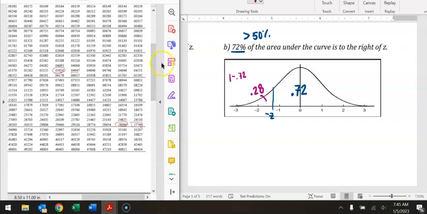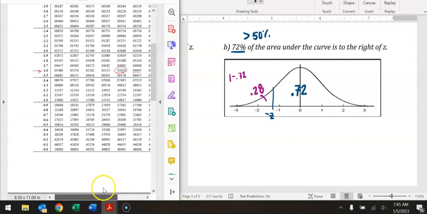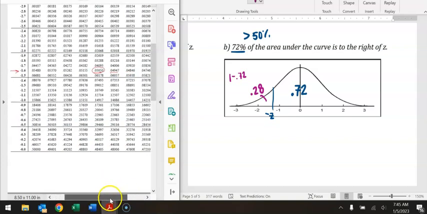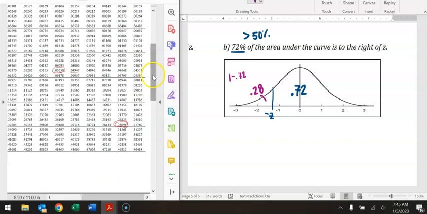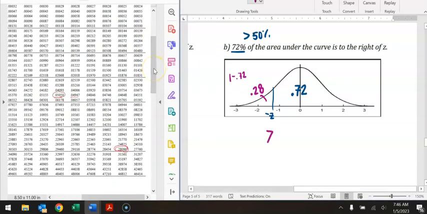Okay, so this first one, if I get rid of that second circle, this one is in fact a little bit closer than the other one, so we're going to go with this number. So what does that correspond to? That's negative 0.5, and then it's in the 0.08 column. So that Z-score is negative 0.58.